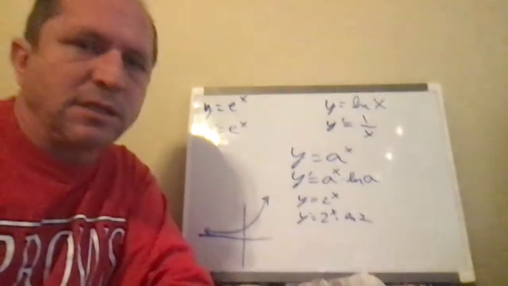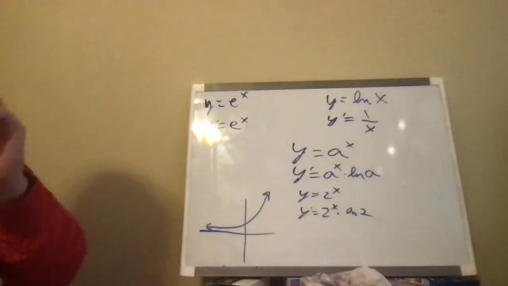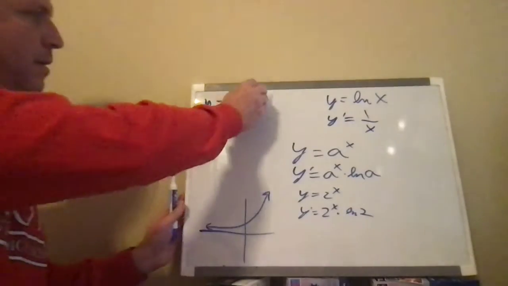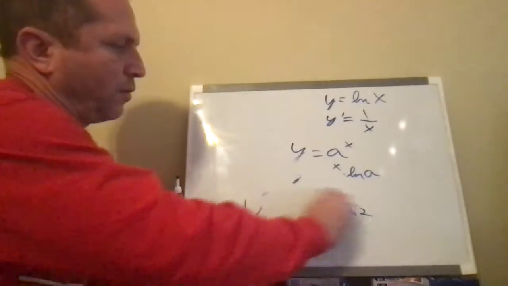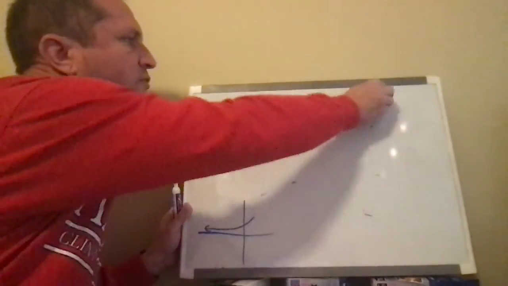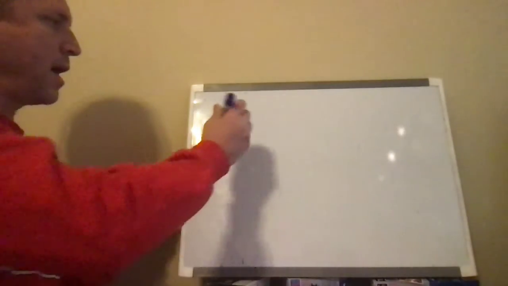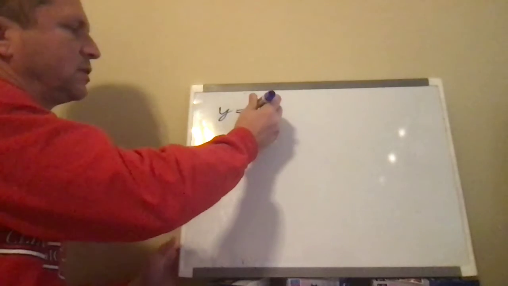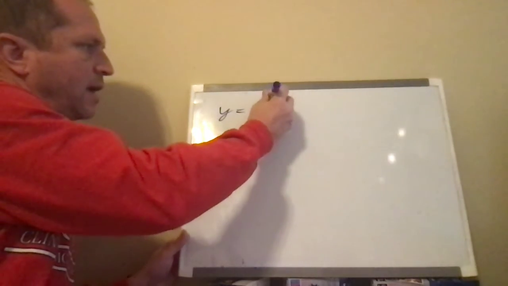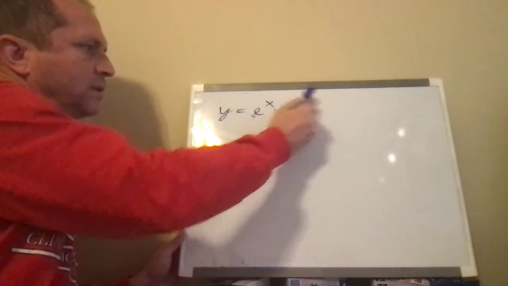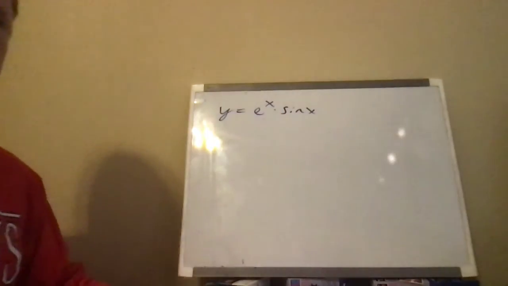All right, now let's go a step further and look at how we can apply this with the product rule and so forth. Let's say that y equals e to the x times the sine of x. Again, we've got a product rule here.